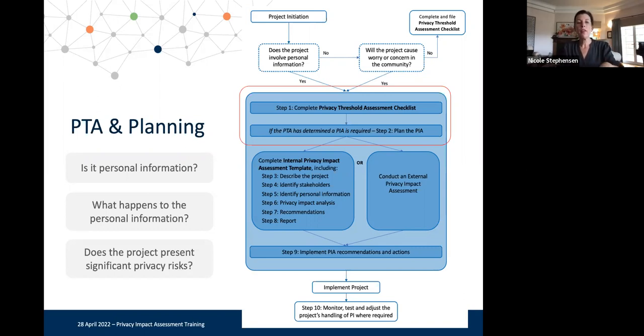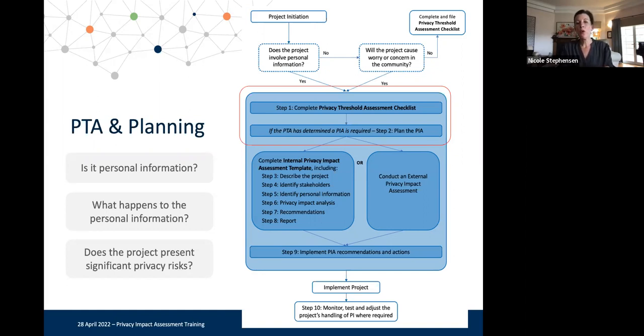So through the privacy threshold assessment process, you've determined that you think your project involves personal information, right? So say name, email address, potentially even an IP address of the potential user. And the threshold assessment checklist helps you to determine that it is or that it isn't personal information in the context.